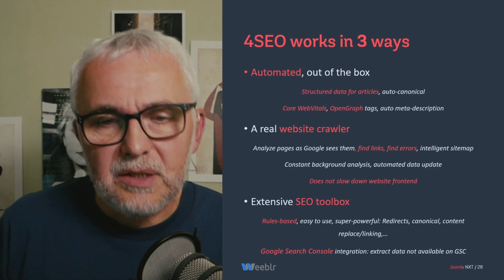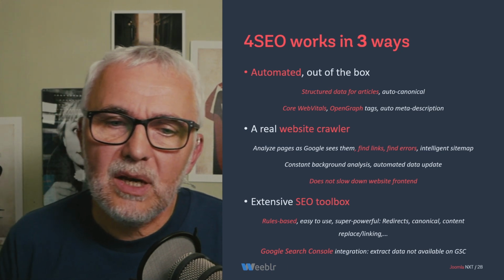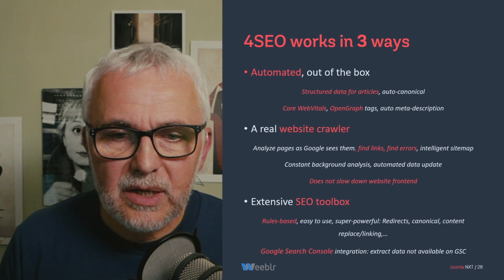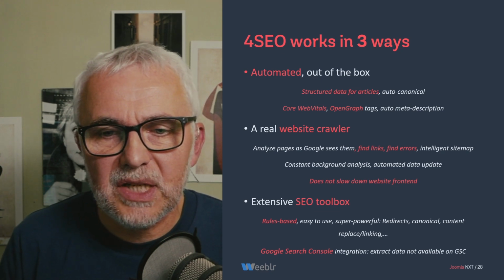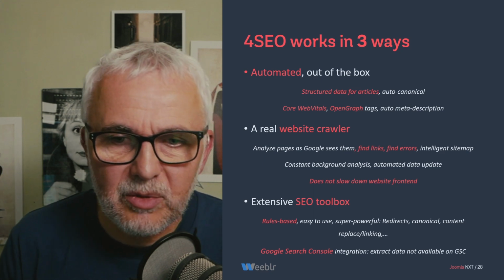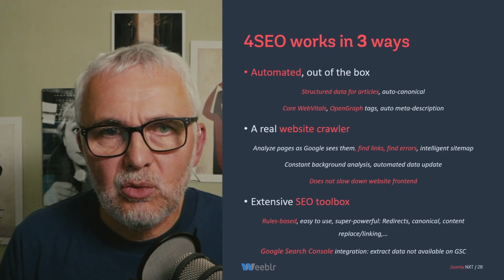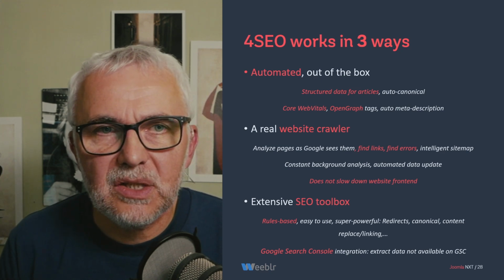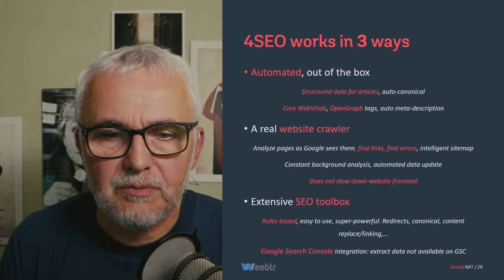And then for everything else, everything that cannot be automated, we have what I call an SEO toolbox. And you can set many things like redirects, canonical content, do content replacement, linking with a rules-based system, which is really, really easy to use.